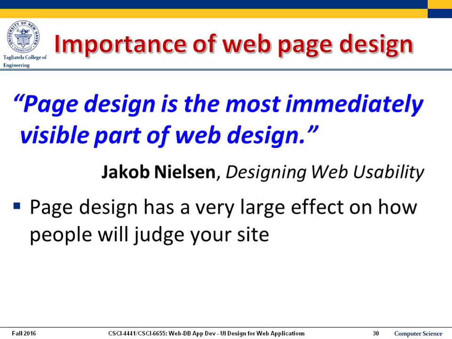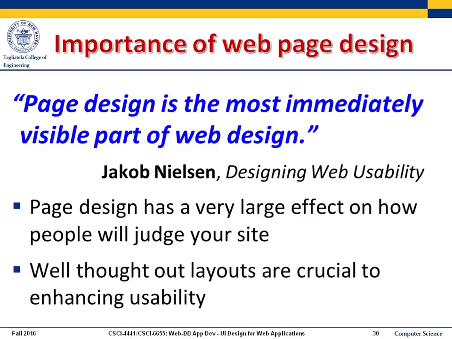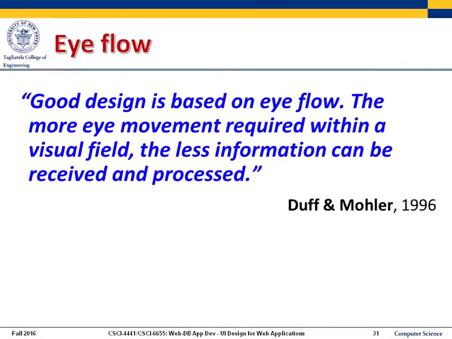So what he's saying is essentially that it has a very large effect on how your site is used. If you do it properly, in this case just the layout, how you structure the content, how you display it, is really one of the most critical things to make it usable.